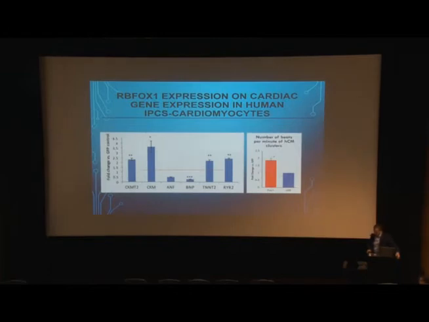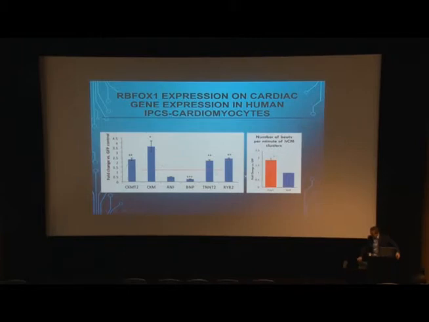This was initially provided by our colleagues from UCSF and Deepak's lab, and now we actually get regular shipments from Joe Wu's lab as well. We see that by expressing RBFOX1, you can drive down the fetal genes, but also increase the mature cardiac genes.